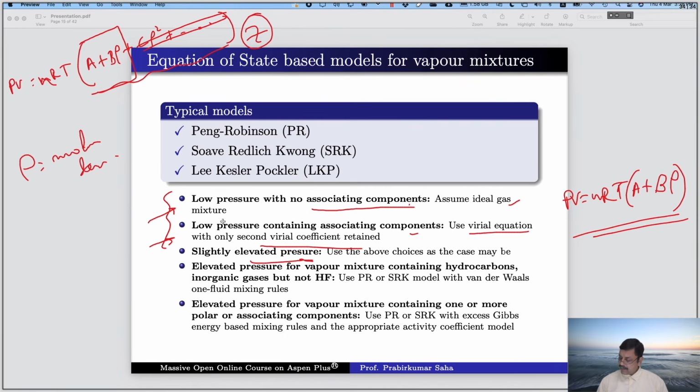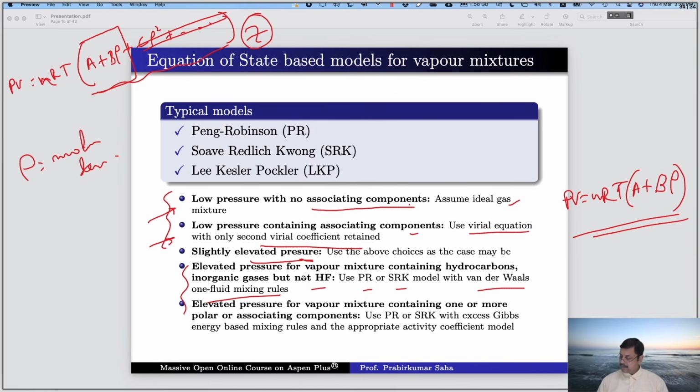And if you have elevated pressure, then you have two choices. For vapor mixture containing hydrocarbons, inorganic gases, but not hydrogen fluoride, then you can use Peng-Robinson or Redlich-Kwong-Soave model with van der Waals one fluid mixing rule.